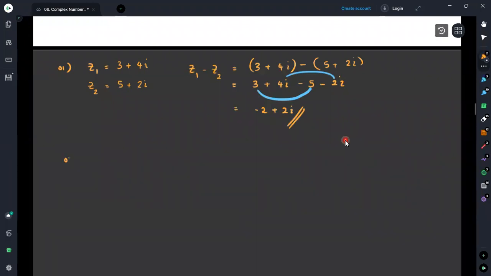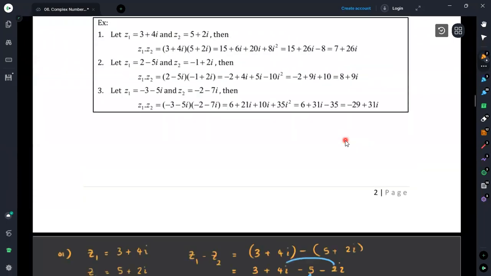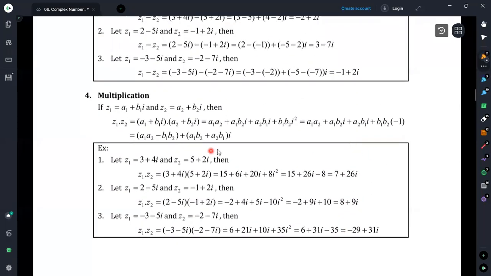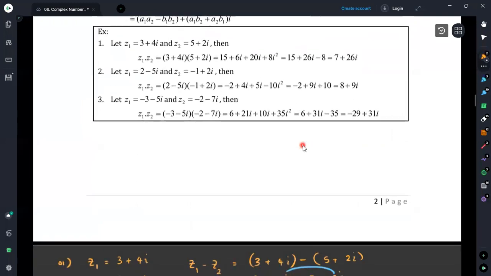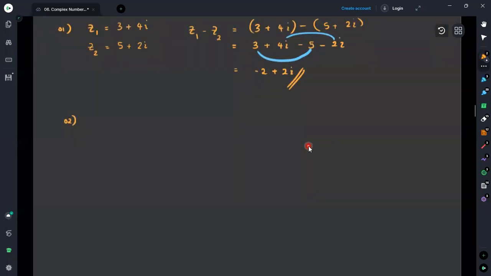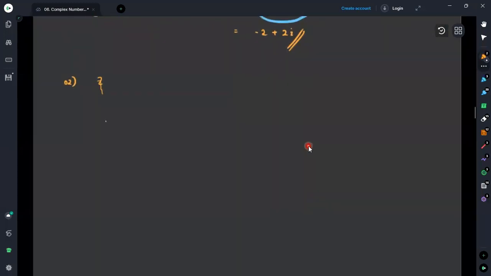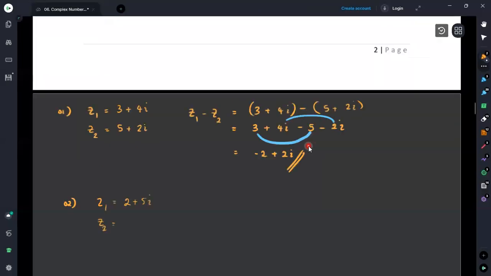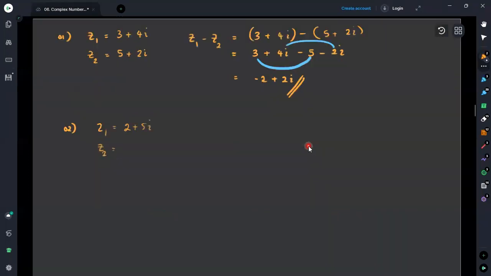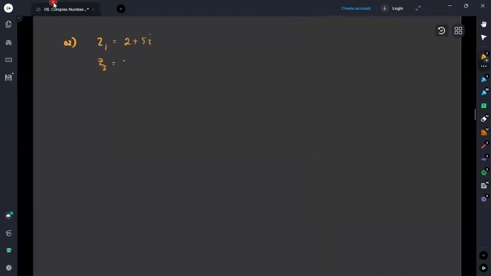Then if you discuss the second example, it is given that Z1 equals 2 minus 5i, and Z2 is given as minus 1 plus 2i.